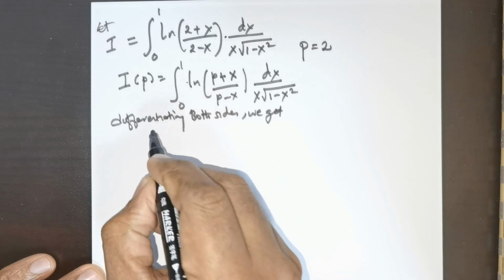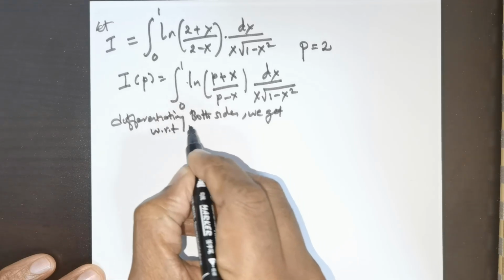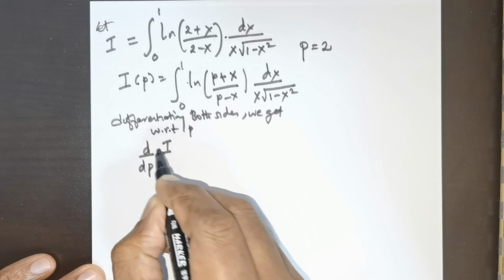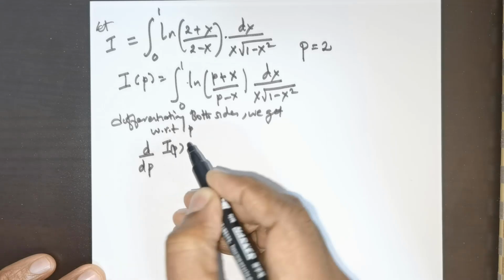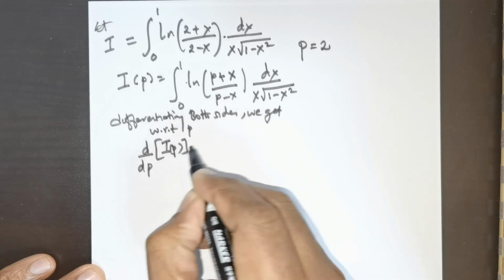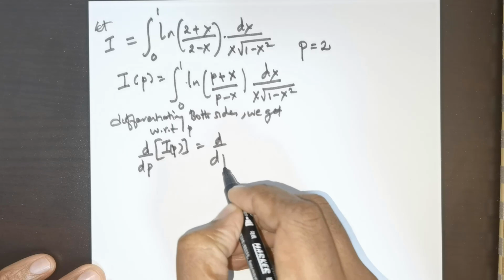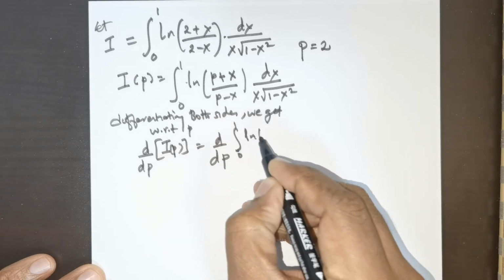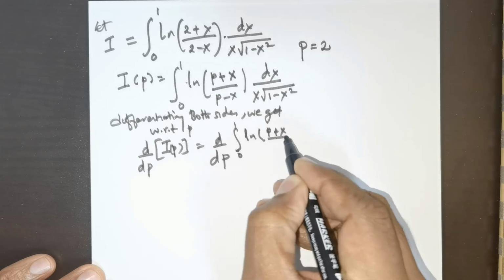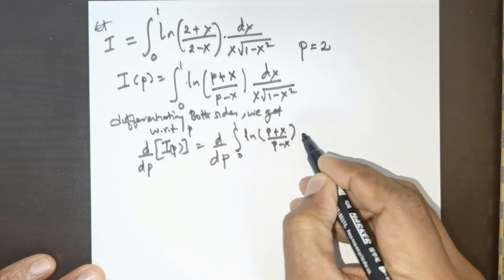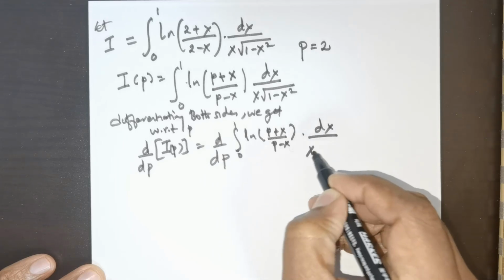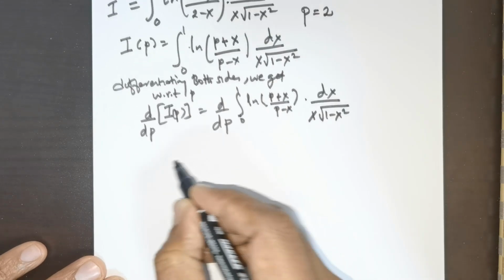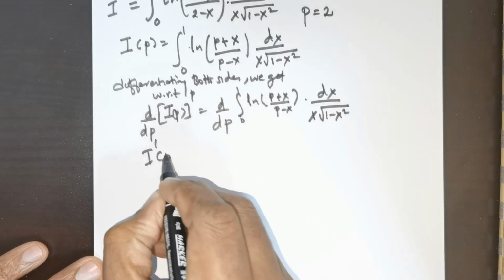So this is going to be d over dp of I of p, equal to d over dp of the integral from 0 to 1 of ln of (p + x) over (p - x) times dx over x times the square root of 1 - x squared. Now this is rewritten as I dash of p.